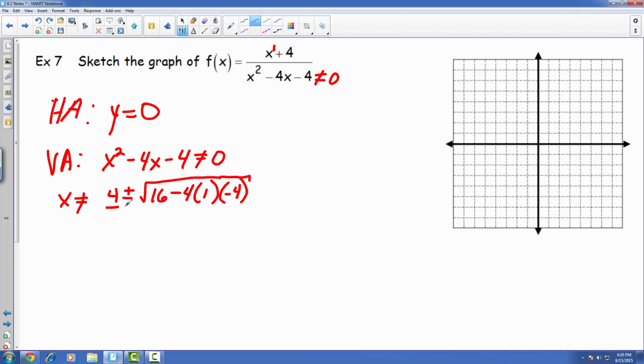And this should be all over 2 times our a value, which is just 1. So just 2. When we simplify things, we have 4 plus or minus the square root of 16, and then this would come out to be plus 16, all over 2.